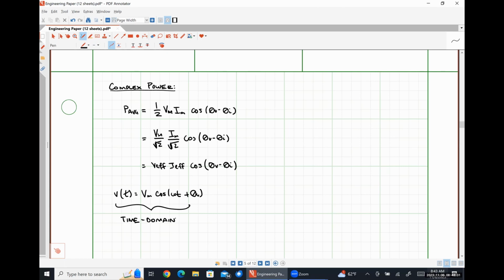If we were to connect an oscilloscope up to one of our outlets, we would see a signal described like this. Now, in order to make the math easier, we started working in the frequency domain. We represented our voltage with a phasor, where we kept the magnitude, kept the phase angle, and threw everything else away. This was our frequency domain representation.